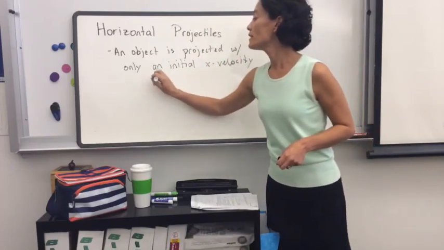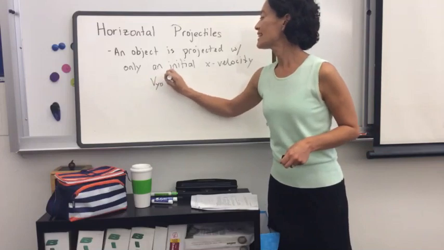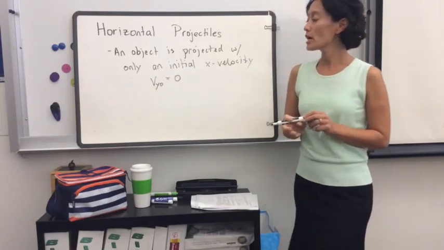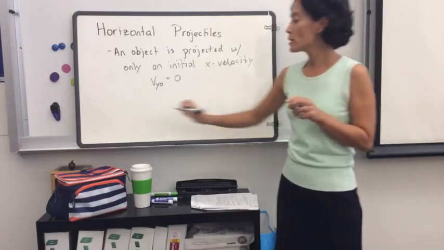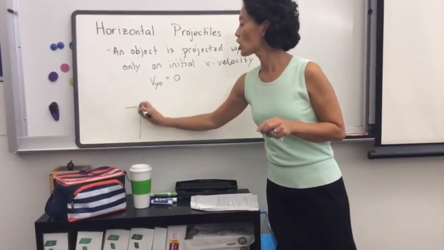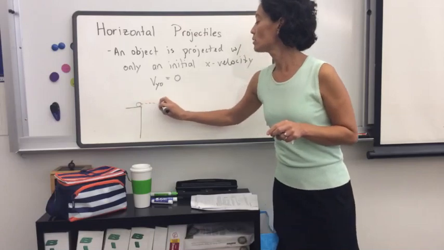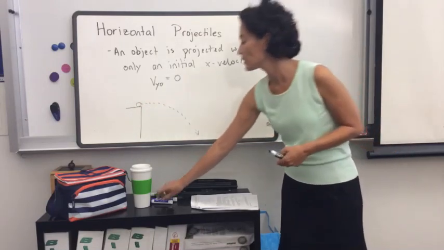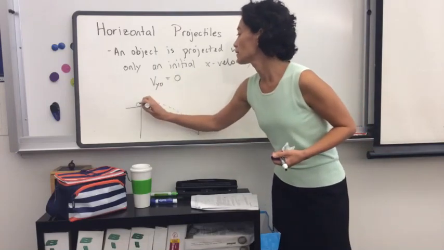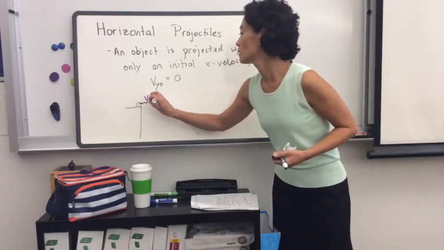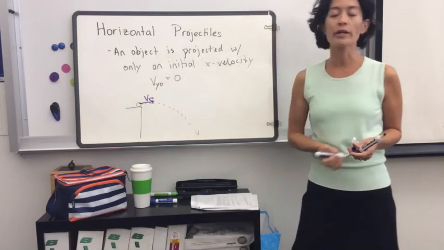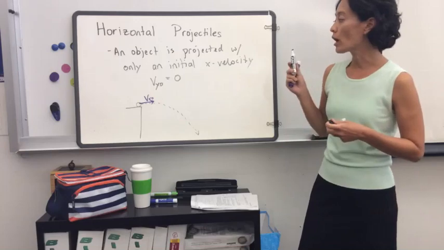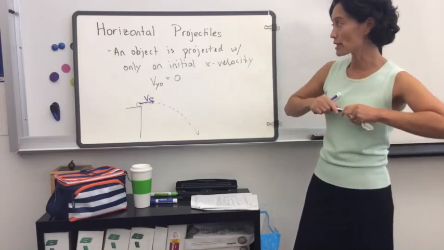So that means that vy naught is going to equal 0, and that will simplify our equations quite a bit for these types of problems. So you've got something like being shot off a table, a cliff, etc. It only has vx naught. And then the moment it begins to fall, we start to have a y velocity because gravity is acting on it. We will look at some problems doing this in class.